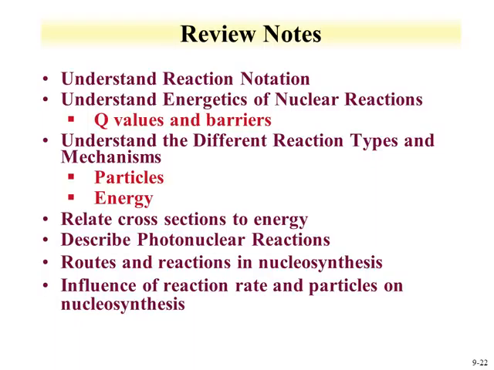Also discussing the difference between center of mass and laboratory frame. Understand the different reaction types and mechanisms. Also understand cross-section and how cross-section can change as a function of energy. You should be able to describe photonuclear reactions, and then nucleosynthesis and how elements are formed.